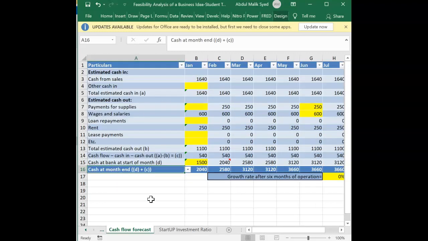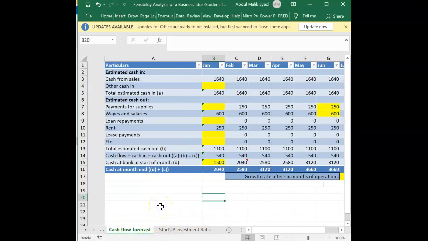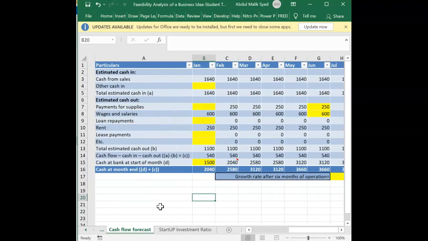These are my cash sales, these are my supplies, and this is the cash at month end. We are assuming that whatever cash at month end is deposited back in the bank at the start of the next month. So once you have the cash flow forecast, that's it. Khalas, you are able to do this.